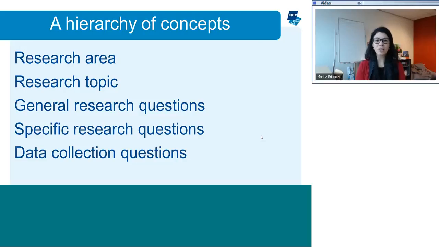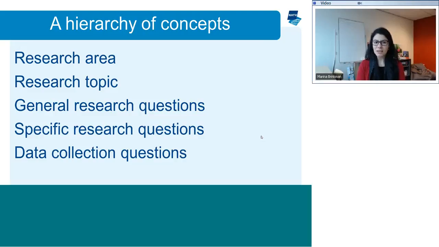The data collection questions are on a much lower level in terms of what exactly you are going to ask your participant in a survey or during an interview, but you really need to distinguish between those different types of questions. They also serve a different purpose eventually.